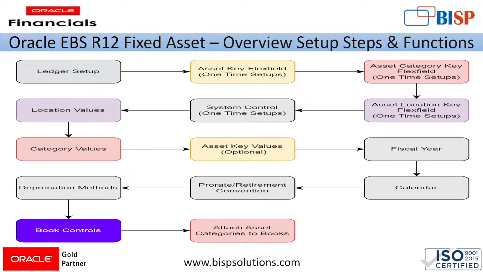You have n number of books to be attached with the category. So the category will be attached to the book. This is the overall view of the setup in fixed assets, and then we will start the functionality. Different functionality will be there.